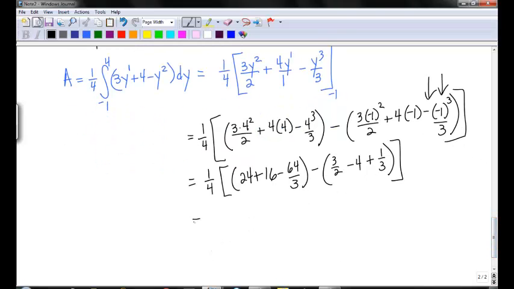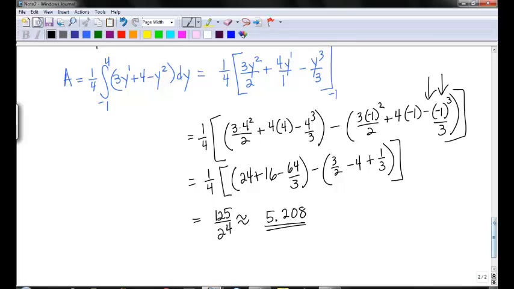Then if you simplify all that down, you get all the way down to 125 over 24, which is approximately 125 divided by 24, 5.208. Go 3 decimal places.